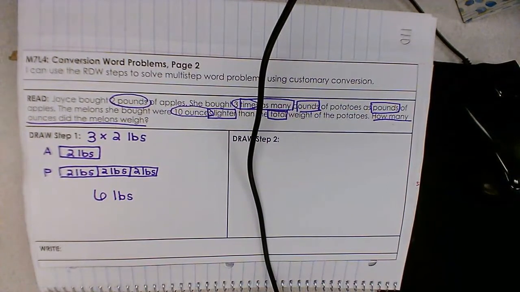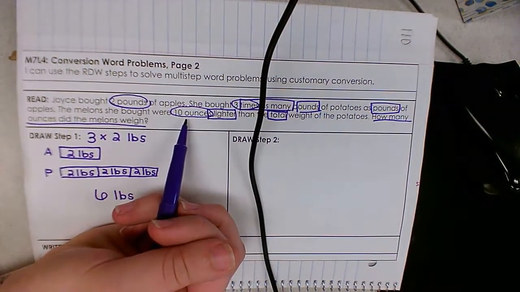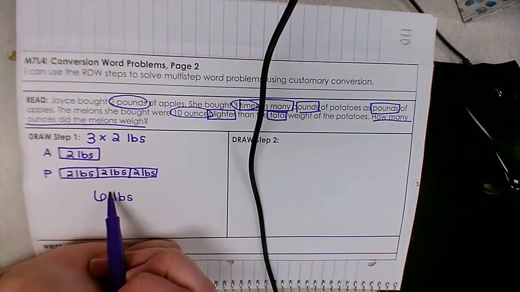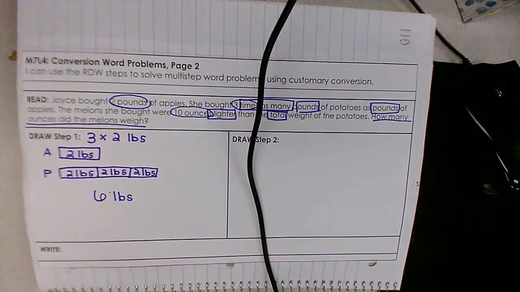The next step tells us that we're going to figure out how much the melons weighed if we subtract 10 ounces. Wait a second. The melons are 10 ounces lighter than the potatoes. 6 minus 10, I can't do that math fact.